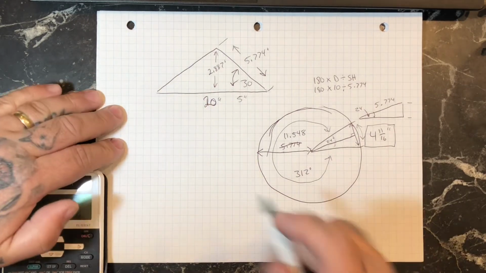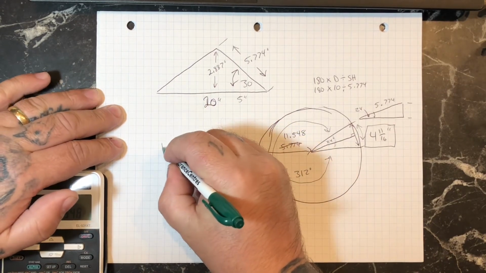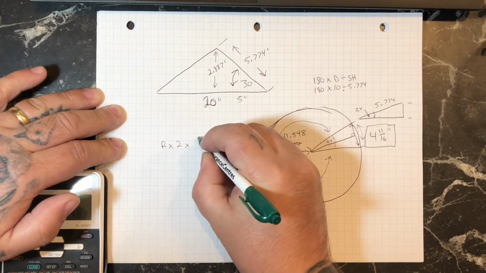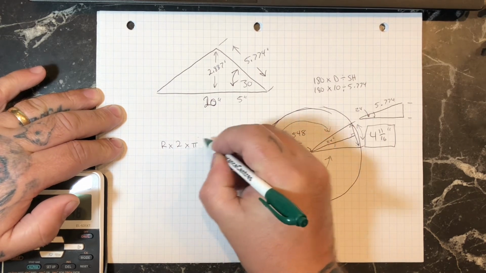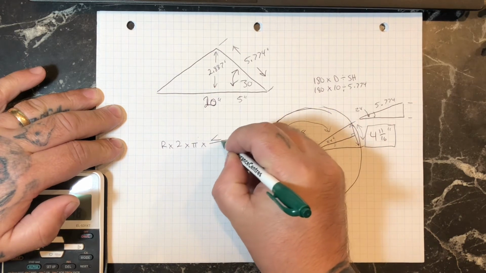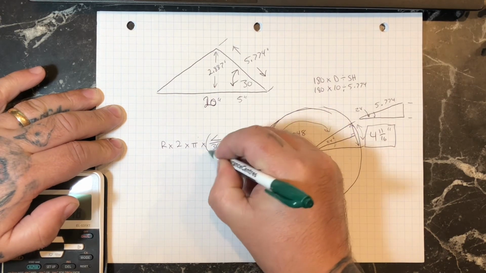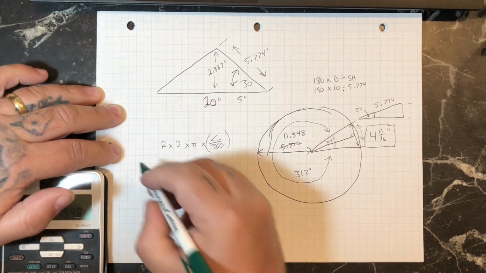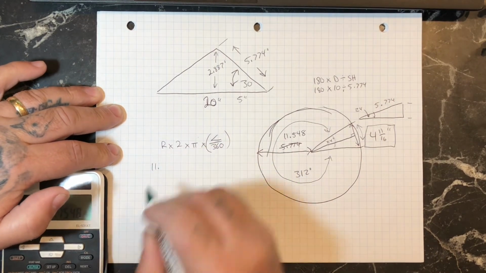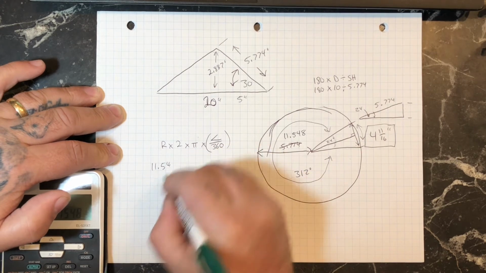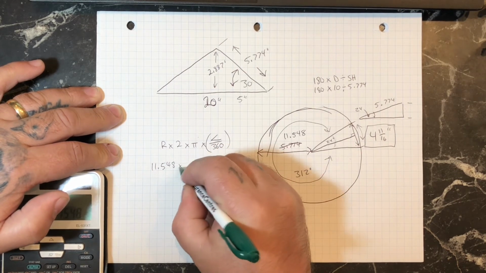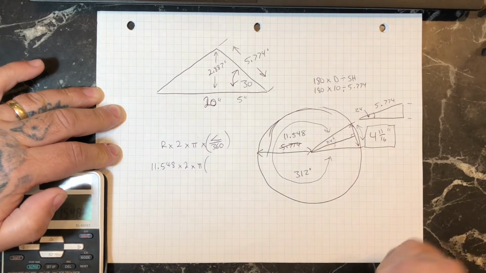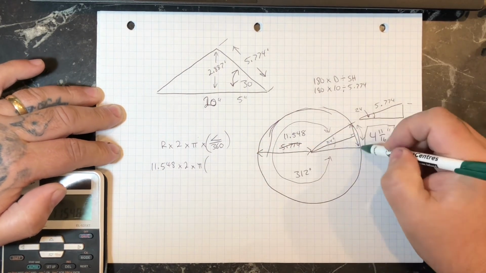To find an arc length, it's just a little piece of a pie. If you remember, the formula for that is radius times 2 times pi times angle over 360. So my radius is 11.548 times 2 times pi, and my angle is 48.